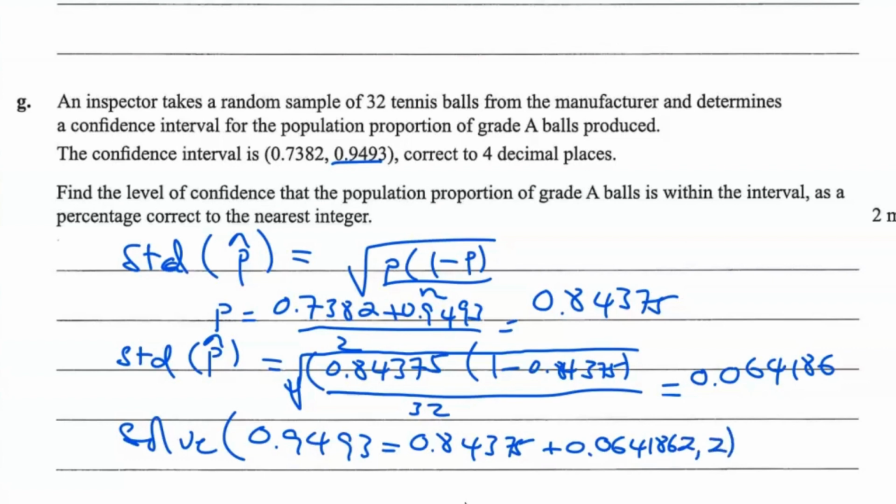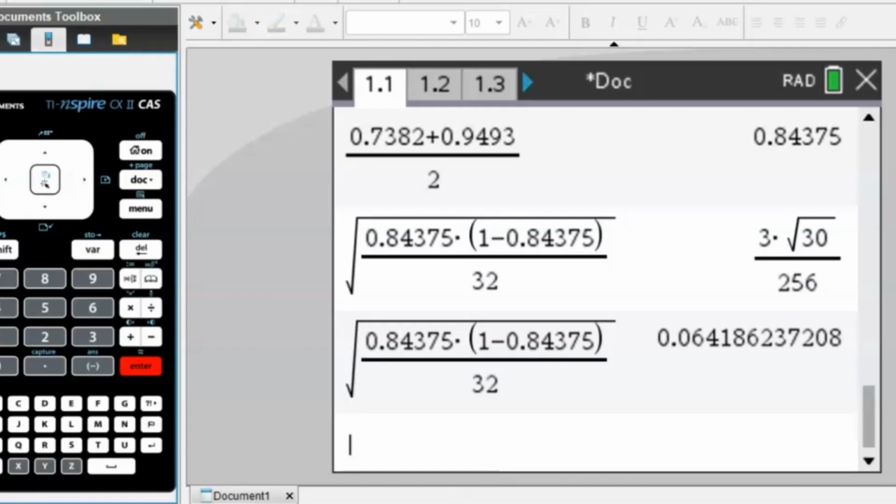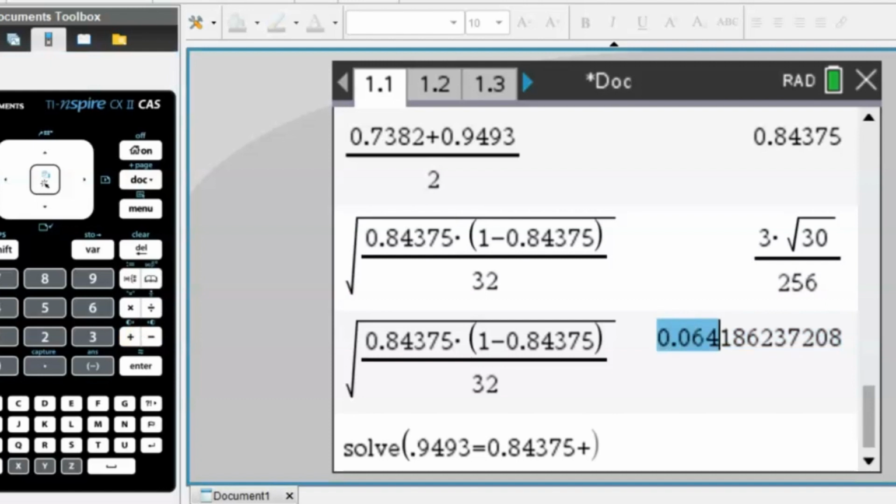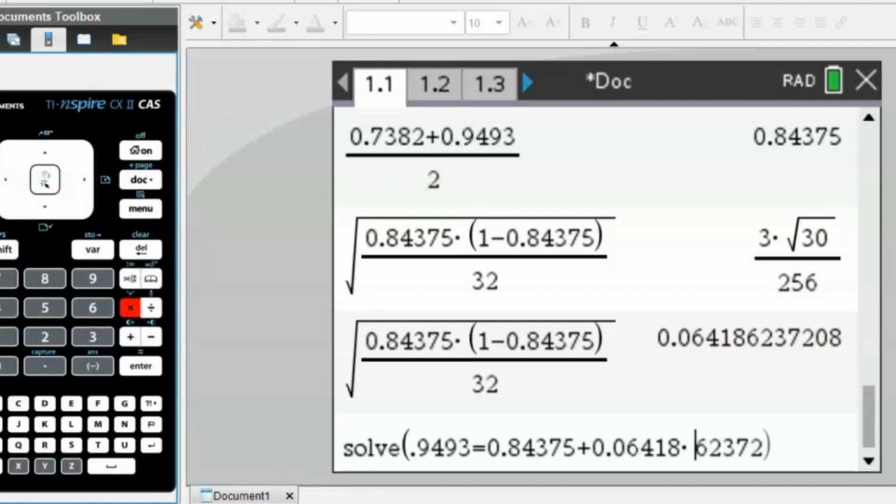Z, we solve for Z. Then just multiply by Z and solve for Z.